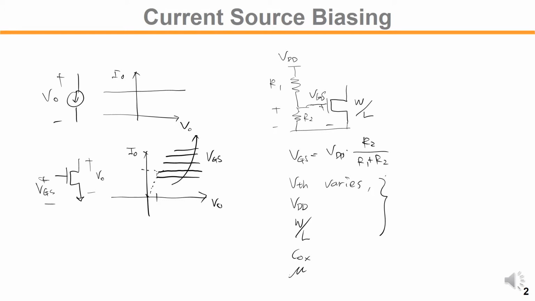All these things will impact the current level, so I0 changes through the transistor. So this is not a possible way to properly bias the transistor. Never use this biasing scheme.